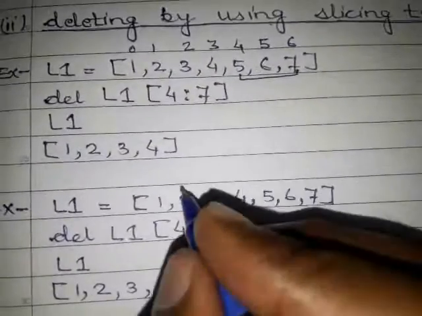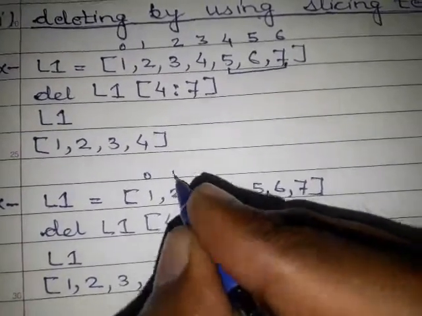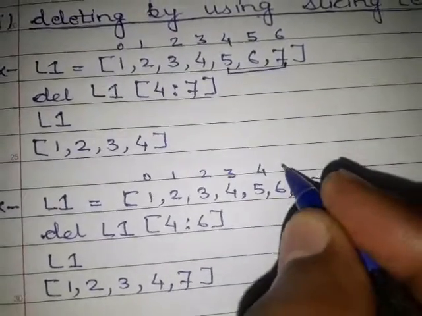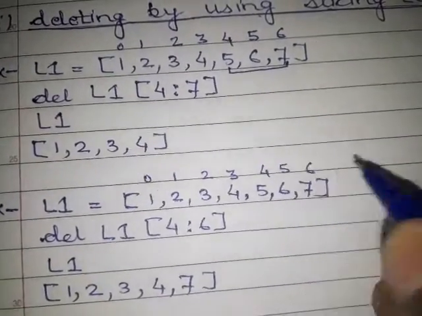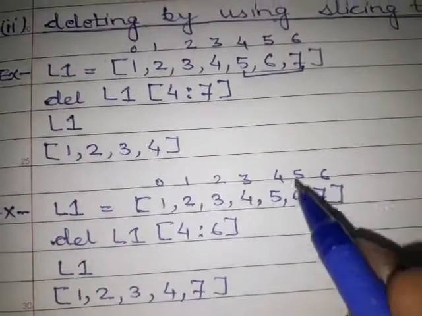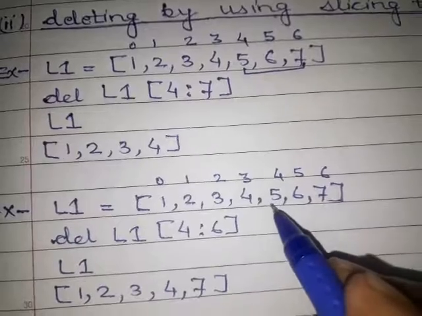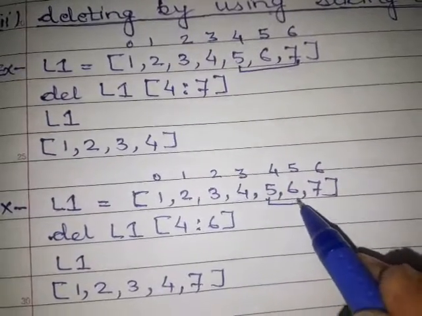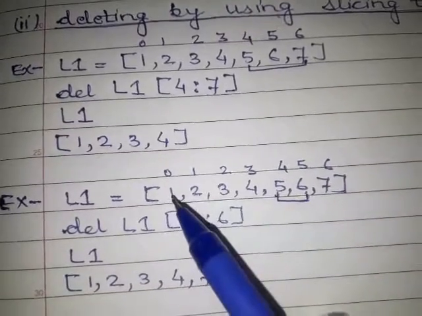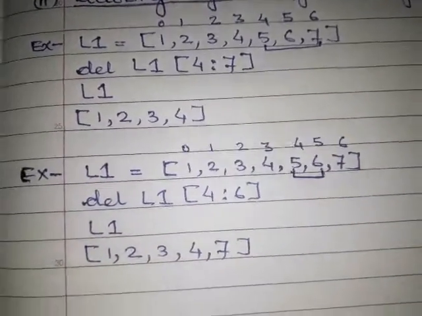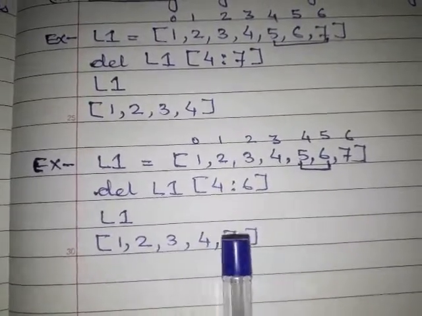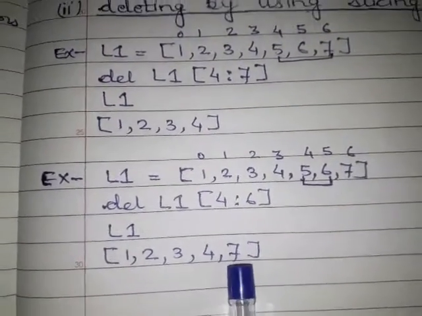So again 0 1 2 3 4 5 6. With 4 to 6, 6 is not included, so 4 to 5: the index 4 and index 5 values, these two values are deleted. So our list will consist of 1 2 3 4 7. When I print L1, it will consist of 1 2 3 4 and the last element 7.